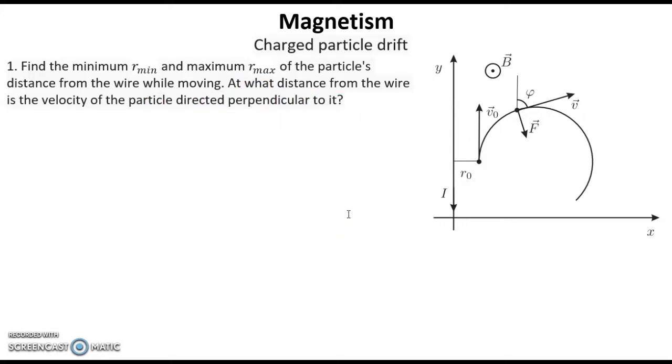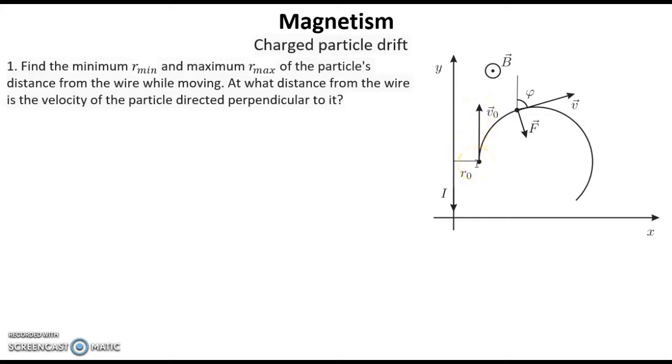Solution. As in many cases, here we have to write good equations of motion and choose proper coordinates. Probably the proper coordinates are x, which is the distance from the wire, and y, which is the direction of drift.